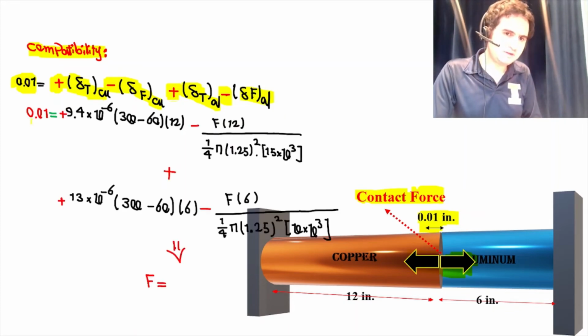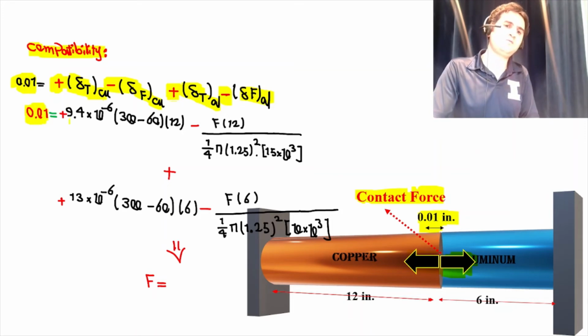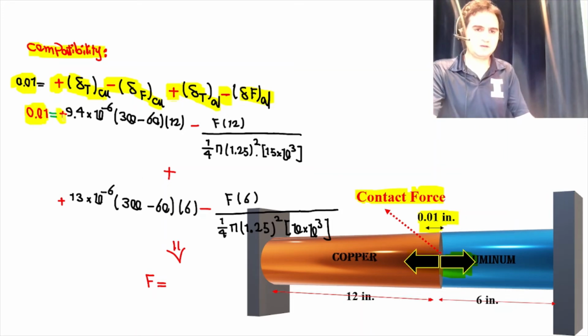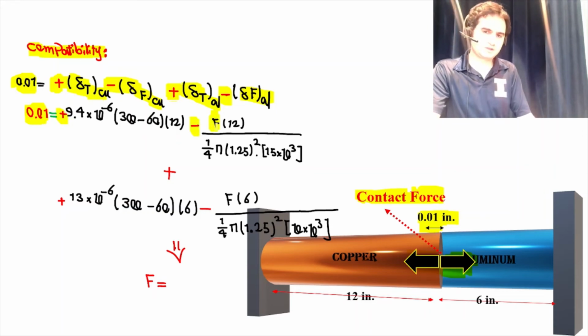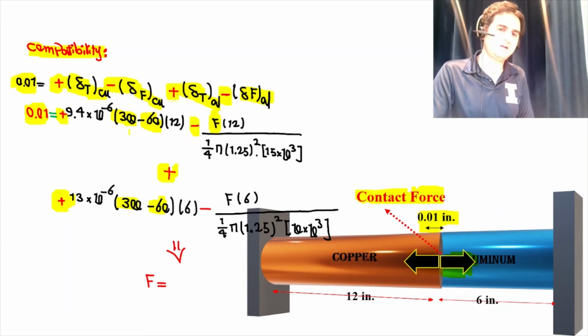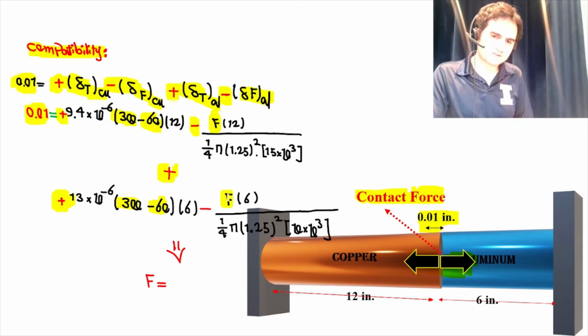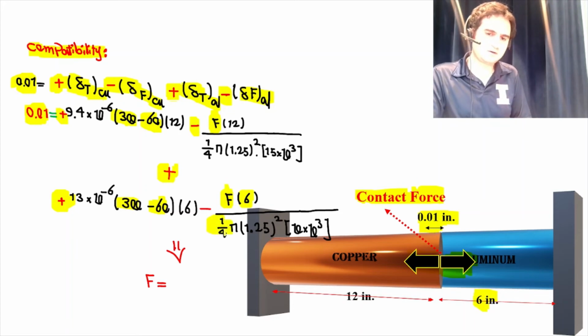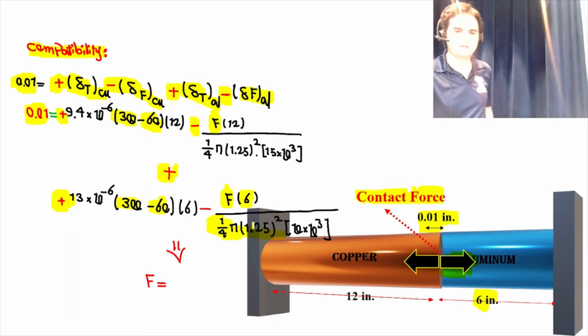If you write the numeric values for that, the 0.01 opening equals the positive temperature effect for the first material minus the push, which is unknown, plus the positive temperature effect, 300 minus 60, which is T2 minus T1, and again the force, which is unknown, times the length of the second material over the denominator EA.